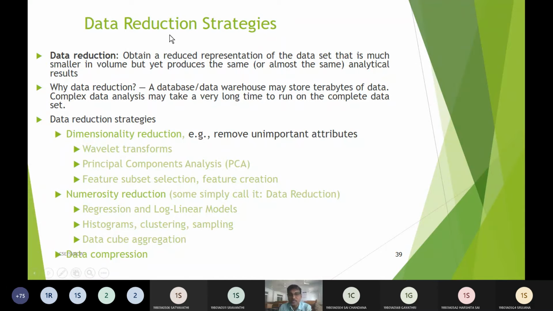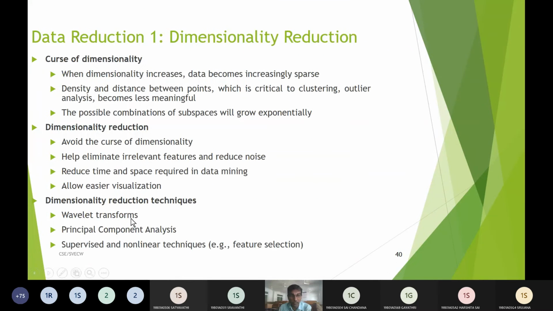We call that technique dimension reduction or data reduction. It is taken up with a strategy called dimension reduction, removing unwanted attributes with wavelet transformation, principal component analysis, and feature subset selection. The second technique was numerosity reduction, with regression, histograms and data compression.